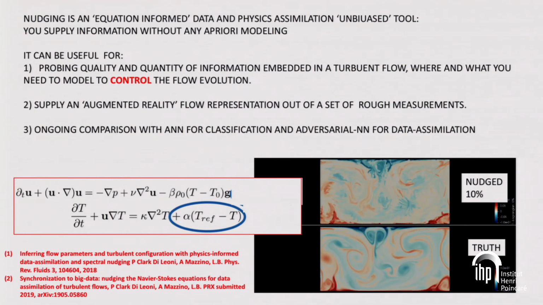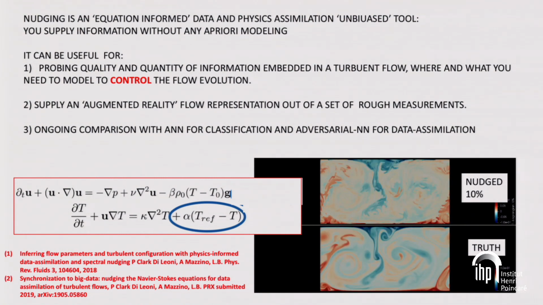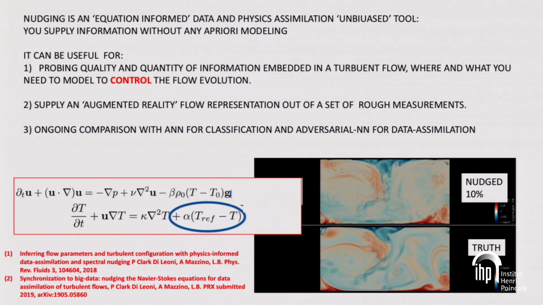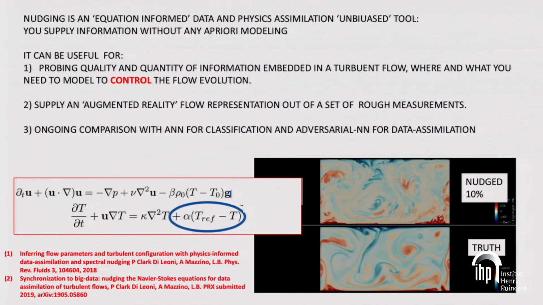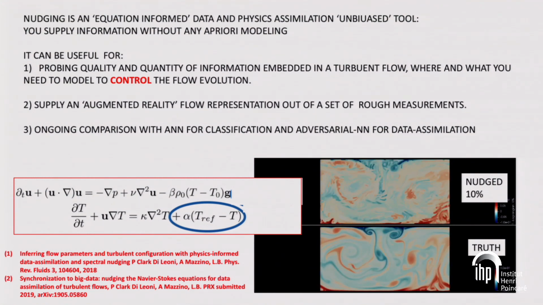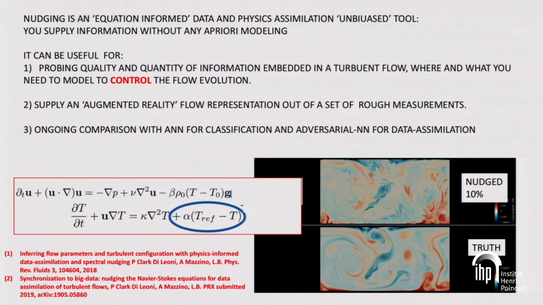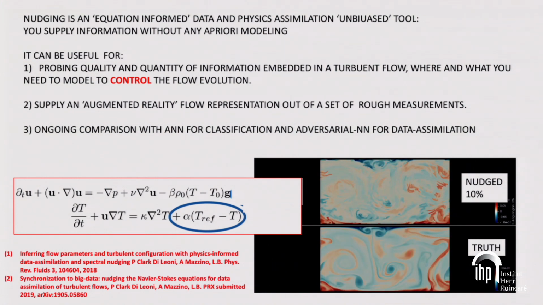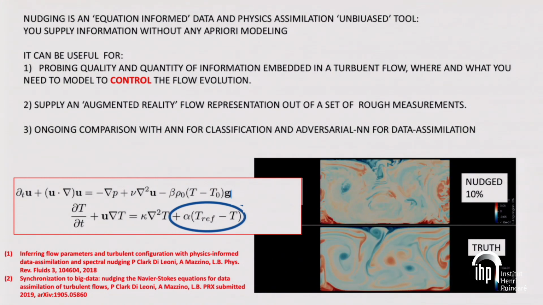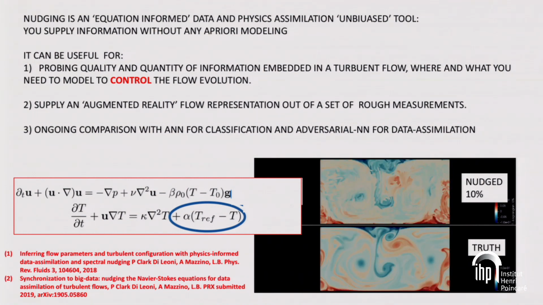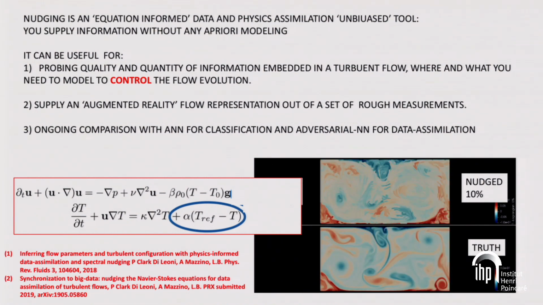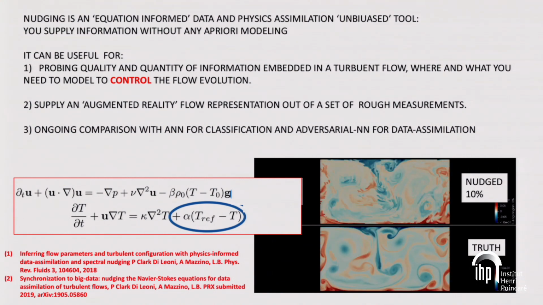And this is, for instance, a nudged simulation obtained by nudging along Lagrangian trajectories. So we have particles that go around, and we suppose they measure only temperature, so they measure only the forcing. And out of these temperature measurements, we perform a numerical simulation by plugging in the right temperature where the particle is, and we try to reconstruct the whole flow. So this is just the first step.